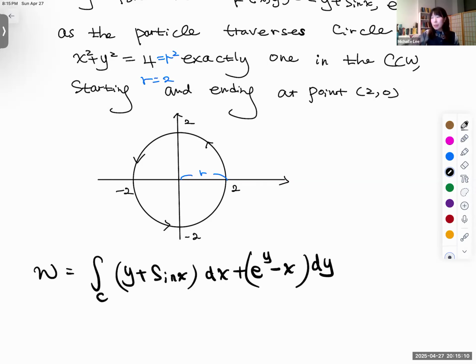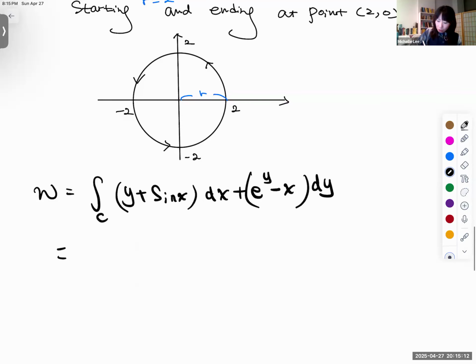Now, Green's theorem says we can make a double integral over the region D of Q sub x minus P sub y dA. Now let me write down P and Q one more time here.